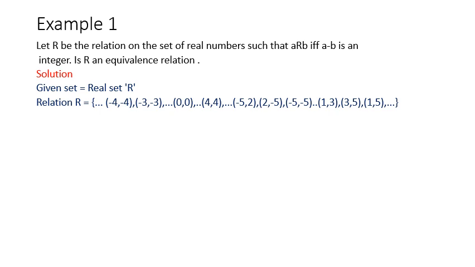So you may take ordered pair (1/2, 1/2), or (2/3, 2/3), or (1/4, 1/4), and all. Because all this gives 0, which is an integer, and according to the reflexivity property, for every element of R, we should be able to show an ordered pair which maps to itself.